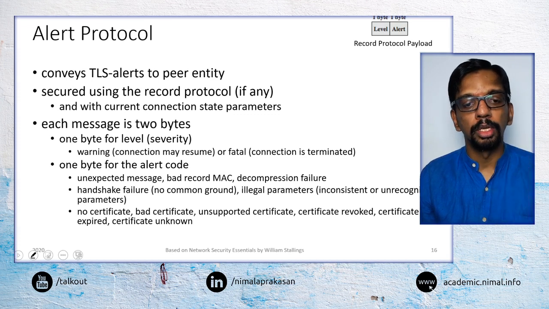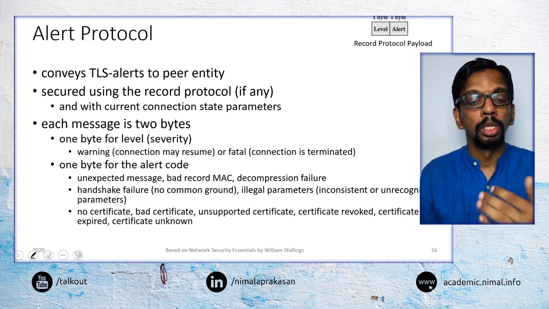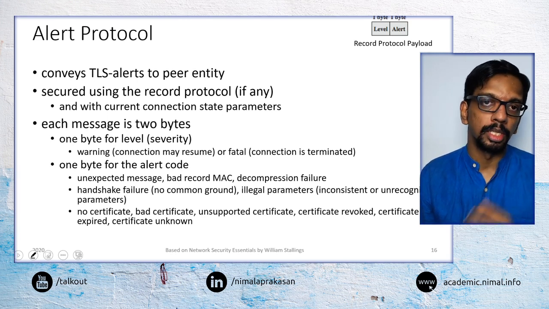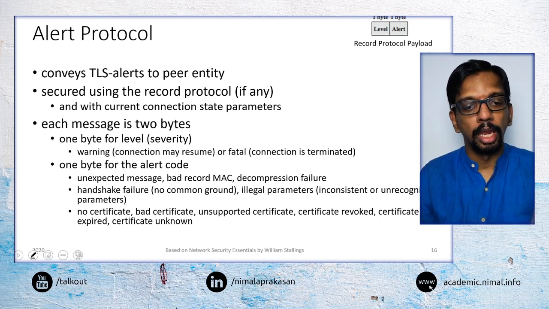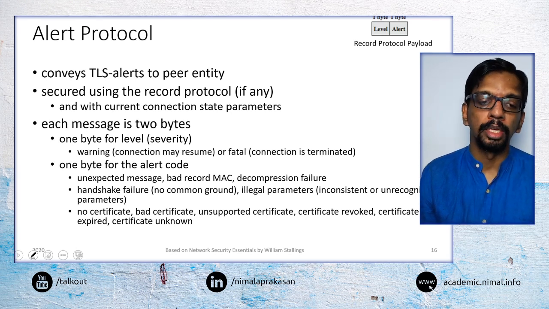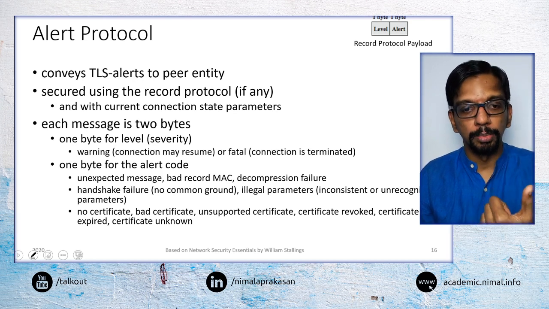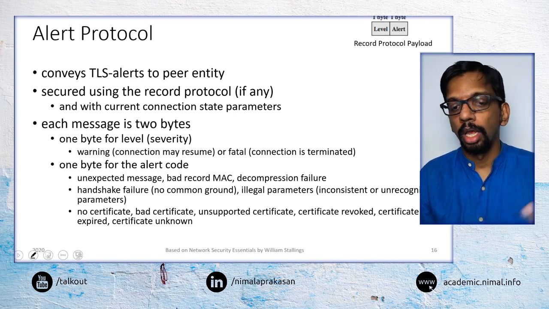A warning could be relevant to a connection that can resume, and if it is fatal, the connection is terminated. Additionally, there can be an alert code such as unexpected message, bad MAC record, or decompression failure.